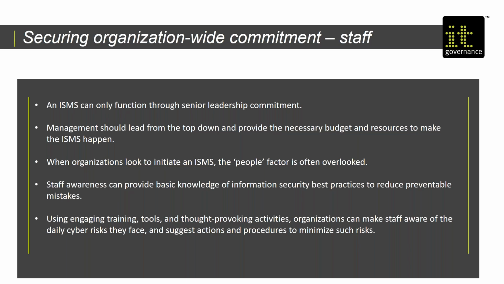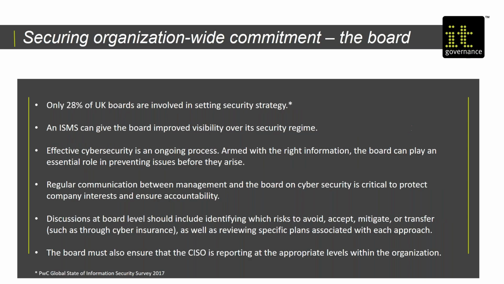But making sure staff understand that kind of stuff, using engaging training tools, thought-provoking activities. Make sure staff are not only aware of the daily cyber risks they face, but enable them to understand how they can go about minimizing the risks, what to do when presented with an opportunity to cause a breach.